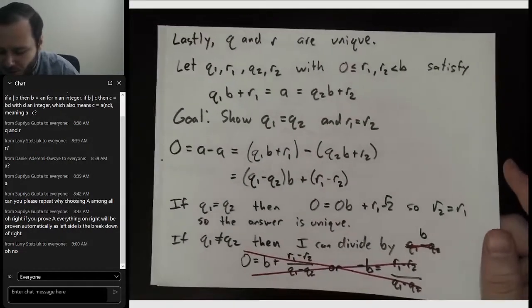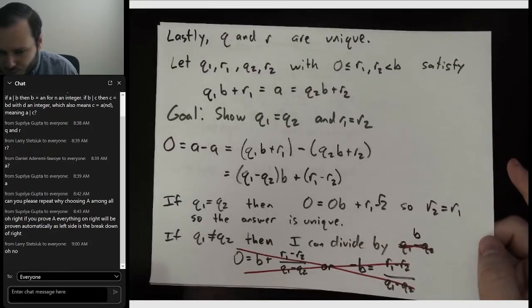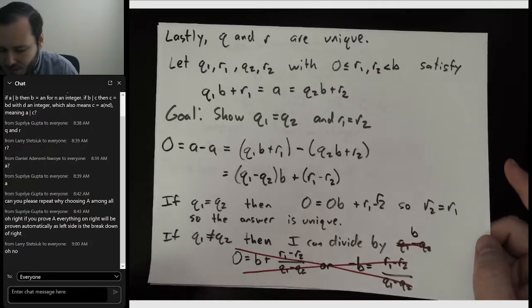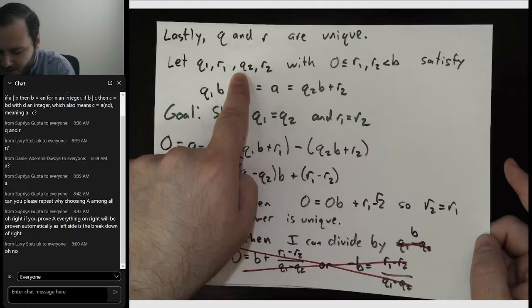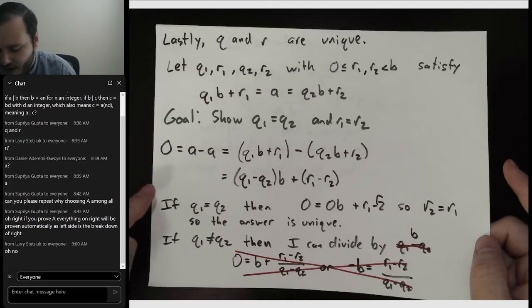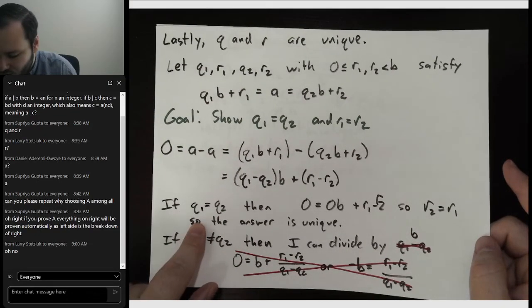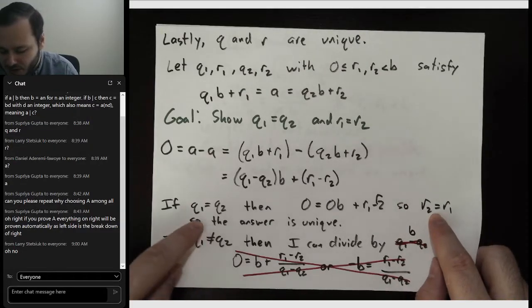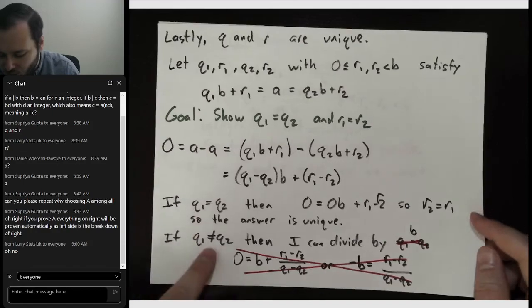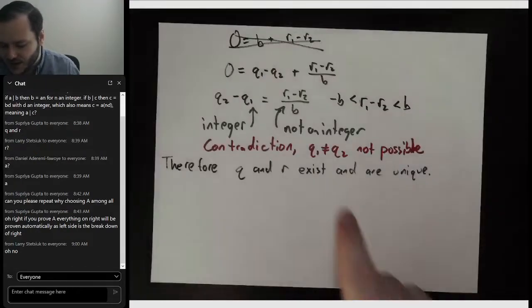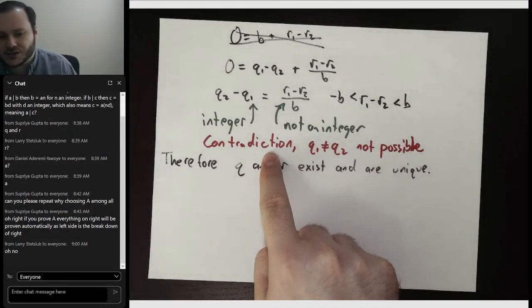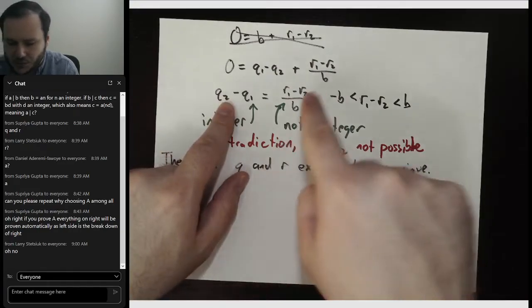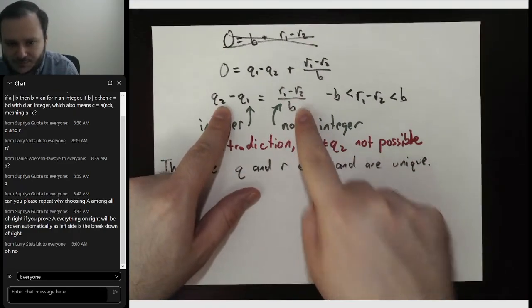Now we know Q and R always exist. We just need to prove that they're unique. So we picked two different answers and showed that if Q1 was equal to Q2, then we actually only picked one answer. We picked the same numbers twice. And if Q1 was not equal to Q2, well, you got a contradiction, because you have an integer that's equal to a non-integer, and that can't happen.